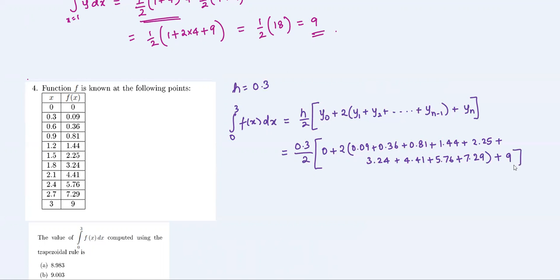plus 9 here. So let us do this calculation now.